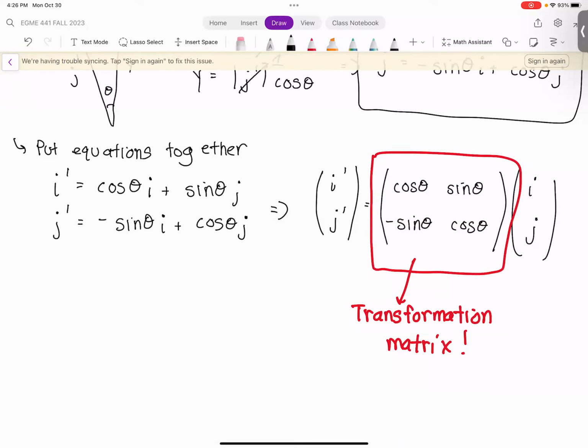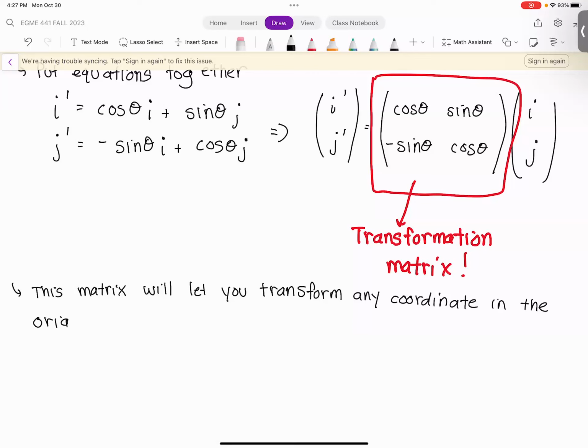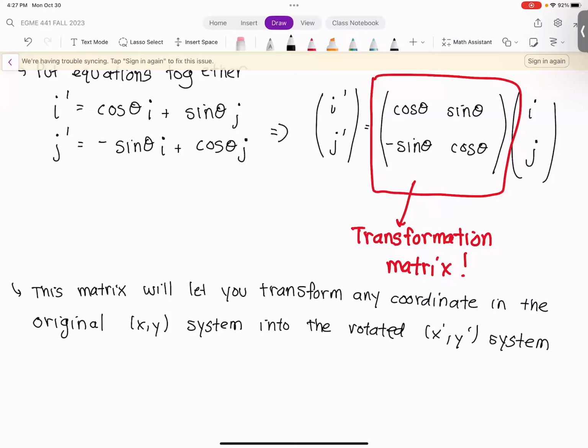All right. So the way that this system is written here is that this will basically let you convert any coordinate in the original system to the transformed system.